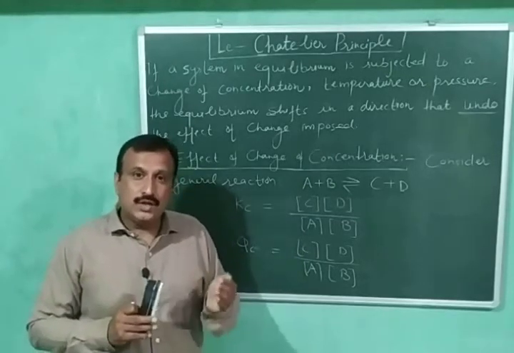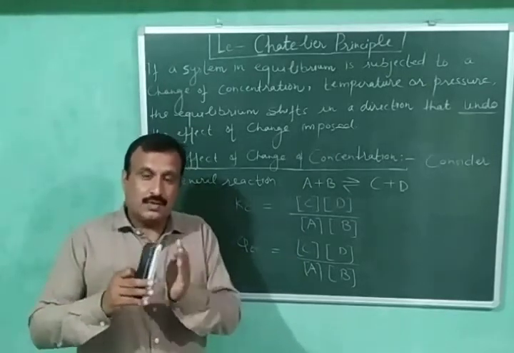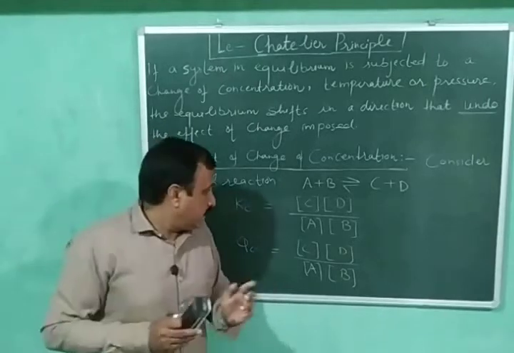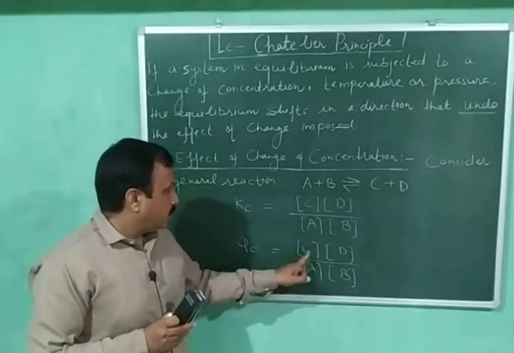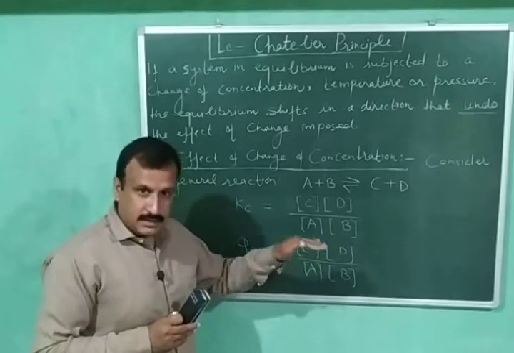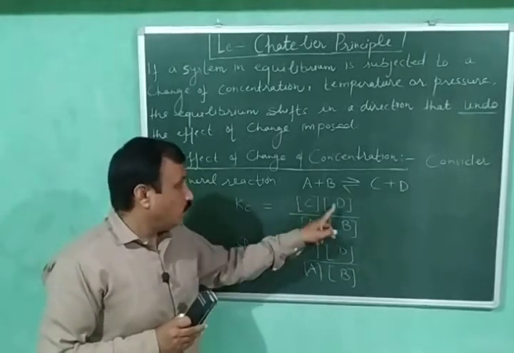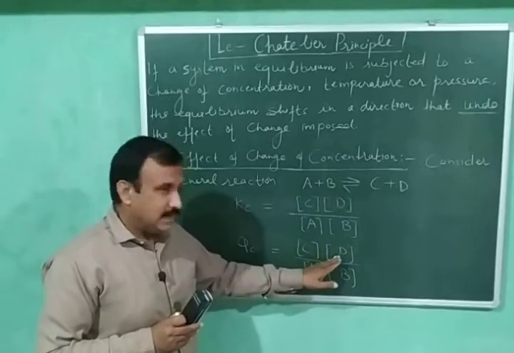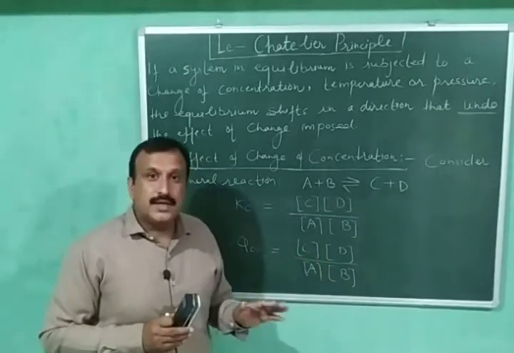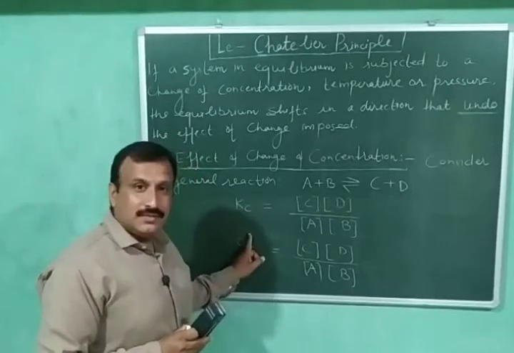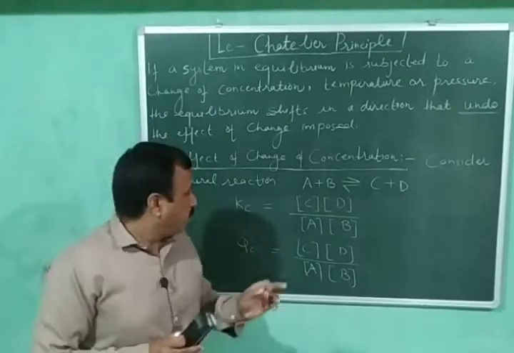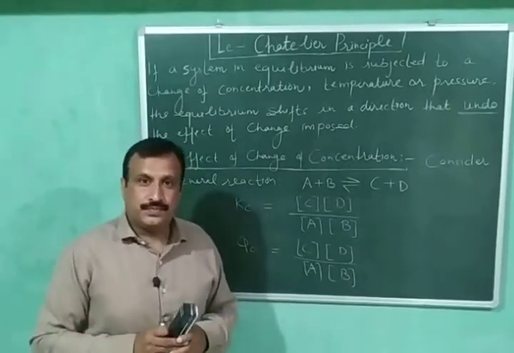And when we remove C or D from the reaction mixture, then we will have Qc, where the concentration of C and D is less and here it is more. So here the concentration is less and C and D are present in the numerator, so the Qc will have less value as compared to Kc.